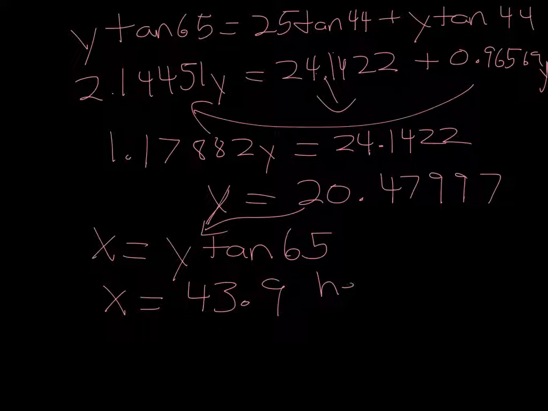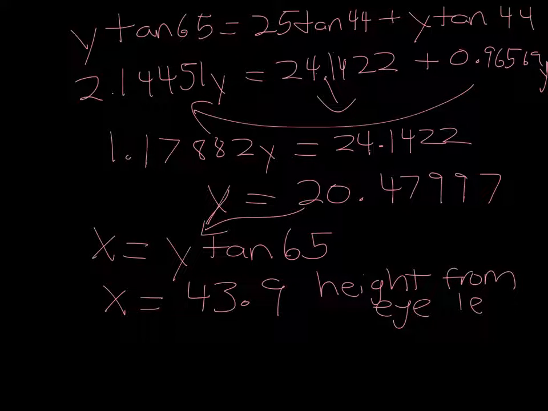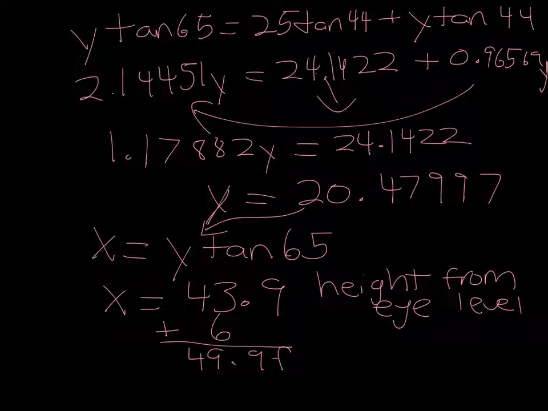That is the height from eye level. So of course the tree is not floating above the ground at your eye level, so you need to add back in the height to eye level of the people that were doing the sighting. So when we add that back in, we should have a height of a tree of 49.9 feet.